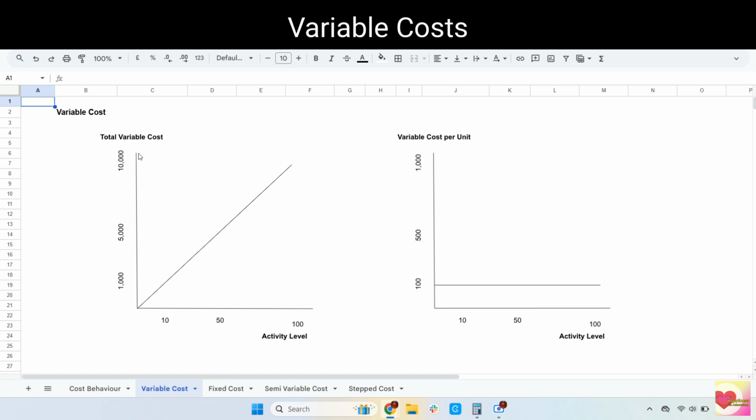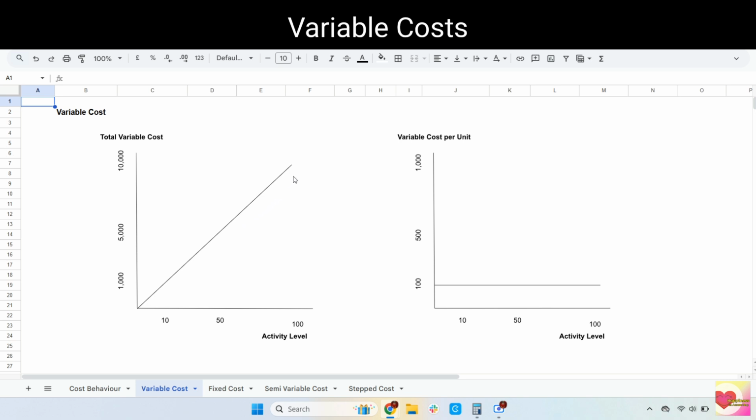This line shows the total variable cost. Let's pay attention to the total here. And this line shows the activity level, which is the number of units produced. And this line shows the relationship of these two. It shows that the total variable cost increases in proportion to the activity level.